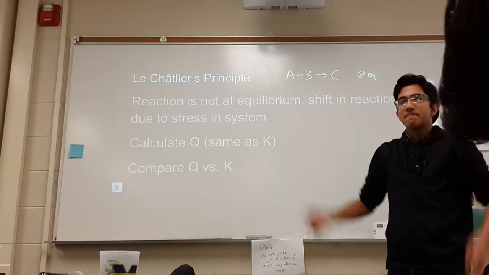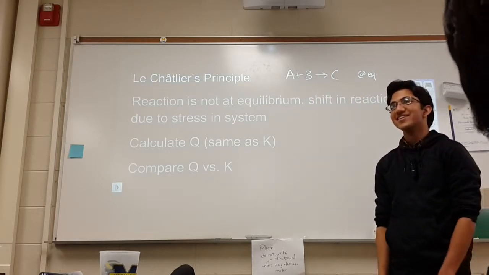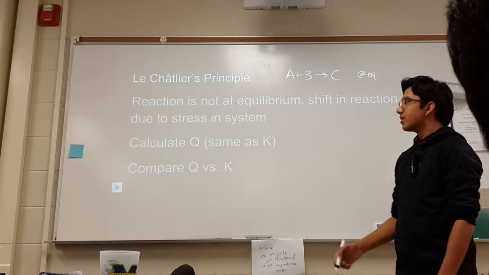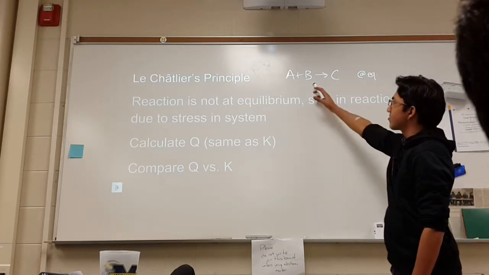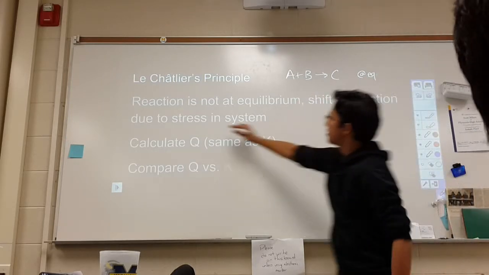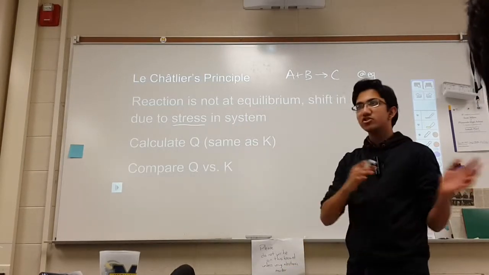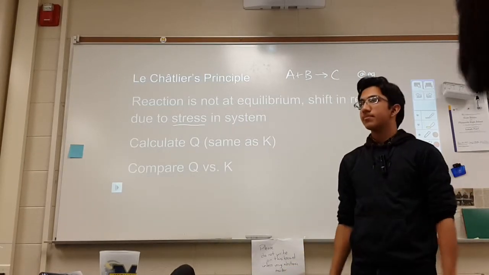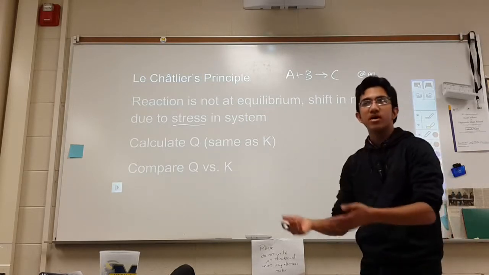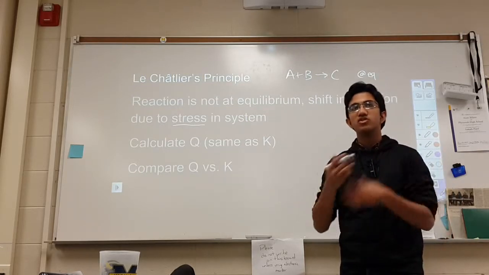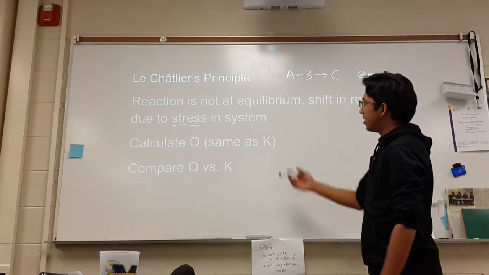More C. That's Le Châtelier's principle. It basically says if you apply stress to your system, you will have a change in your position of equilibrium. You'll make more products or more reactants, depending on which way that stress is applied.